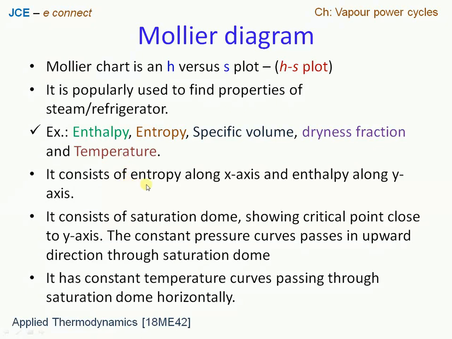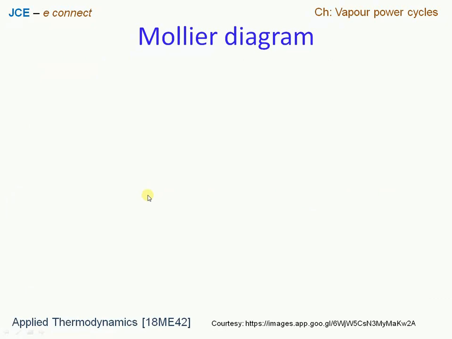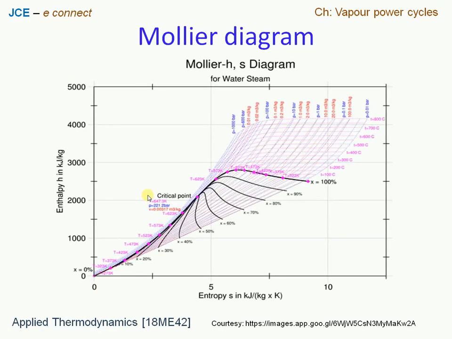So now let us look at the HS plot, how exactly it looks. So here we have the HS plot. We have entropy along the x-axis in kilojoule per kg Kelvin basis, then along the y-axis we have enthalpy in kilojoule per kg basis, and we see that at the origin, that is 0, 0, the curve proceeds, and what we see here is a dark thick curve, and this is the saturation dome.